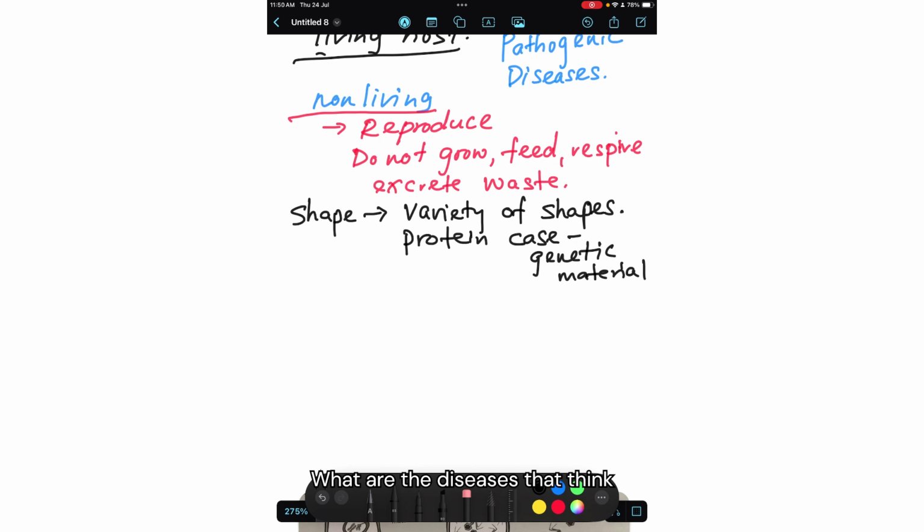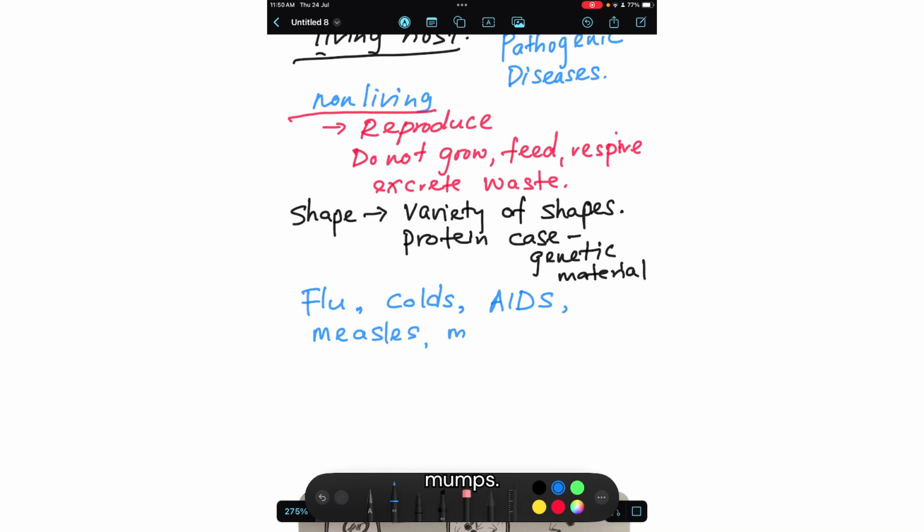What are the diseases that you know? Think. What are the diseases caused by viruses? Yes, mostly we can see flu, common cold, and some nasty diseases: AIDS, measles, mumps.